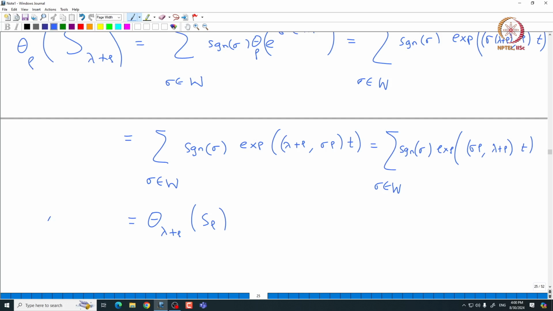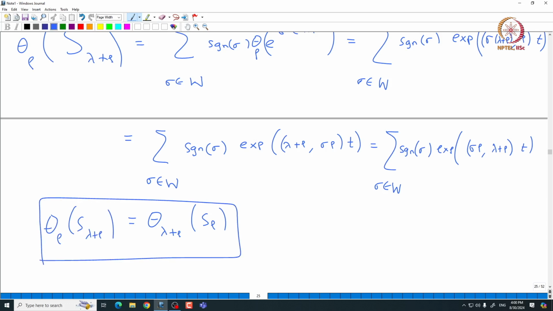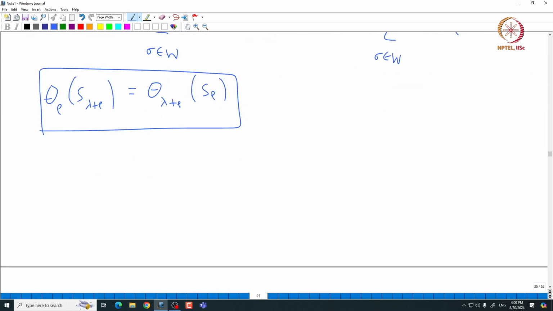So, this proves that theta rho of S of lambda plus rho is exactly equal to theta of lambda plus rho of S of rho.